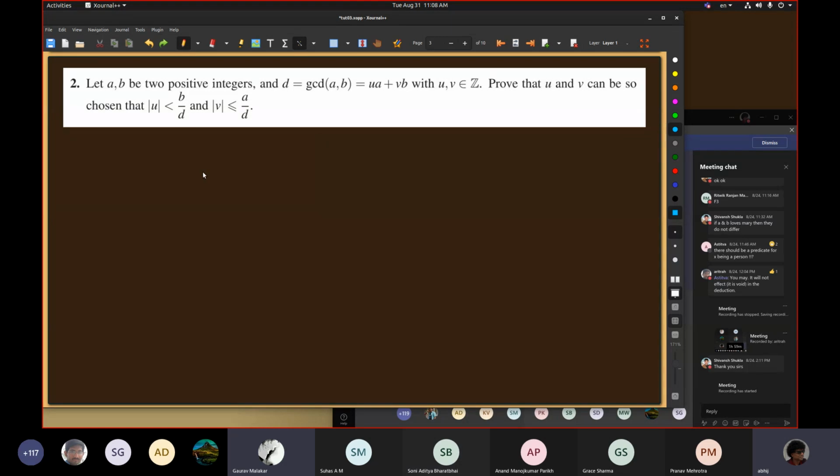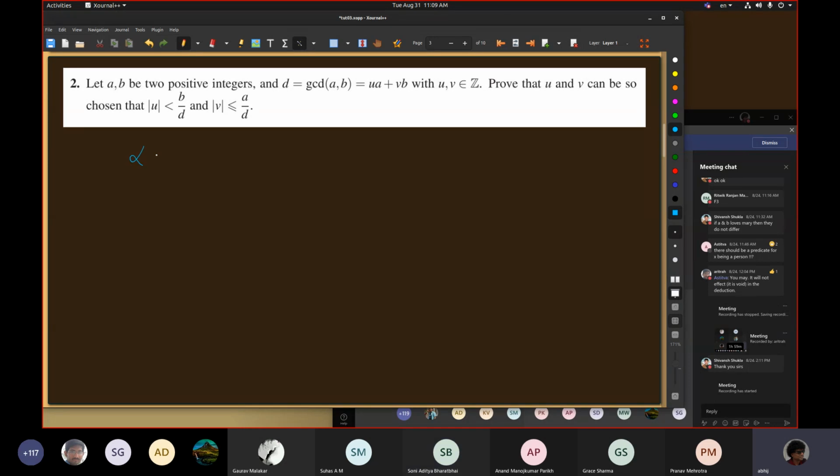Sir, then we can write A as K1D and B as K2D, where K1 and K2 are positive integers. Then I can write D is equal to UK1D plus VK2D, and I can cancel D from both sides. That's precisely what I am trying to tell.